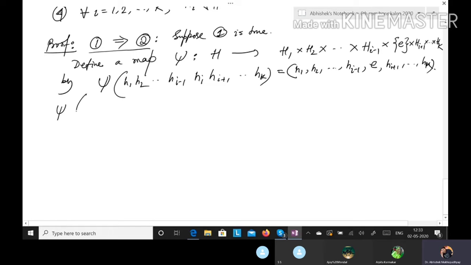For psi of just h1, h2, hi, this dot h1 dashed, h2 dashed, hi minus 1 dashed, hi dashed, hi plus 1 dashed, hk dashed.